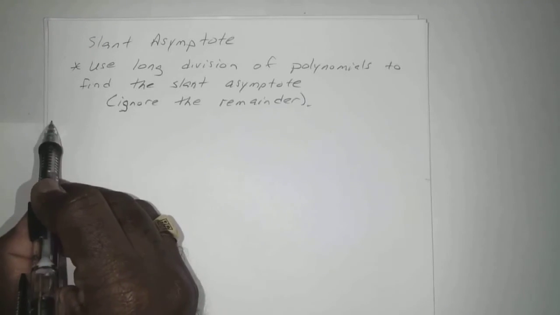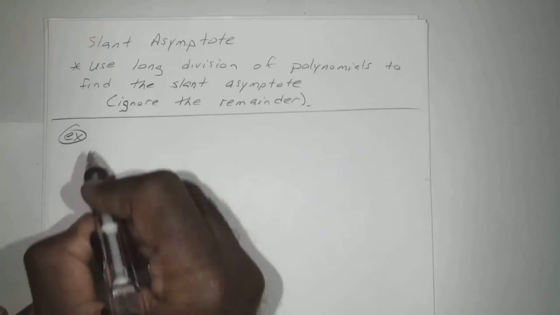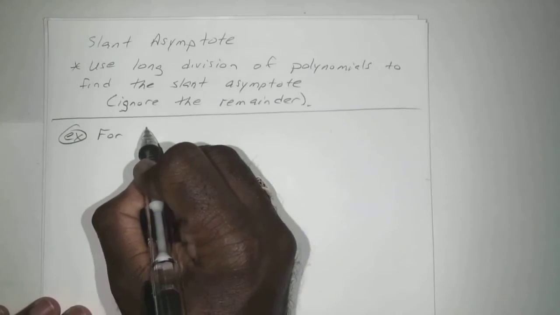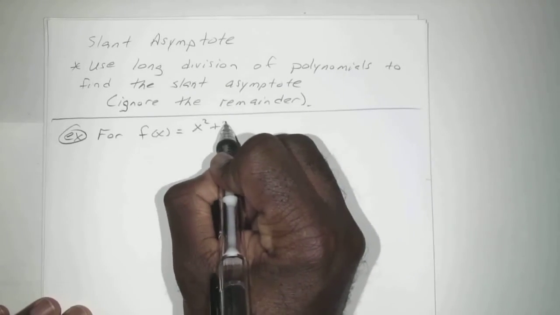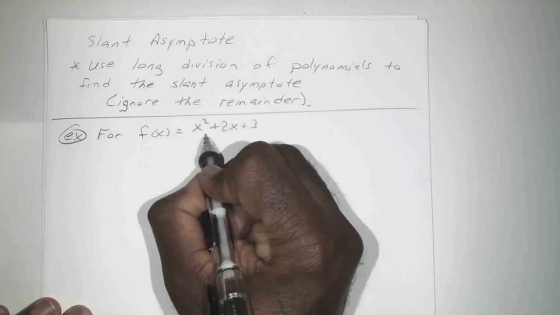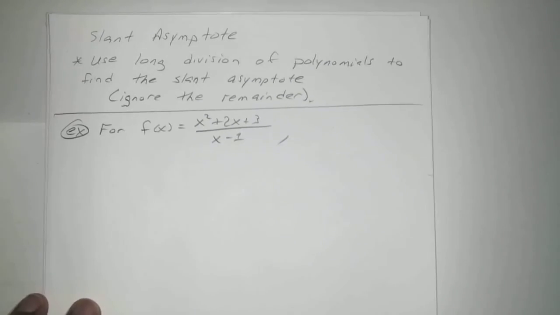All right, so let's say, for example, let's say for f of x equals x squared plus 2x plus 3 divided by x minus 1, find the slant asymptote.